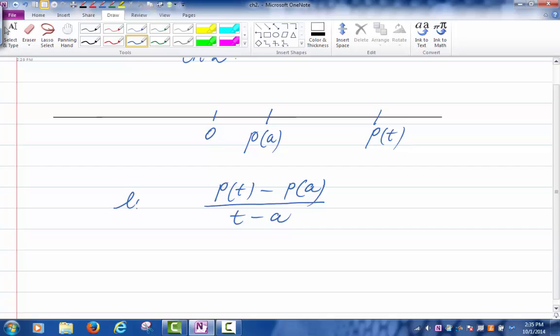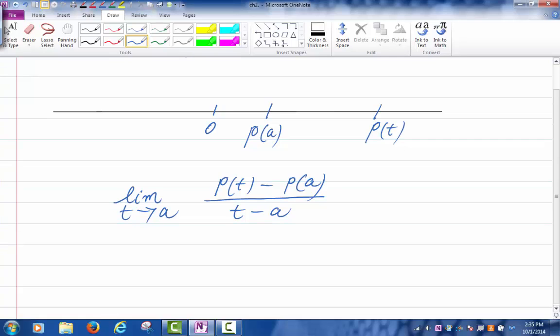But then if I take the limit as t goes to A, it means that I am shrinking the period toward A. And if I look at this limit, whatever that limit is, that's the instantaneous velocity. Am I making sense? So you look at the average velocity from time A to t, and then you allow t to go to A. Look at what's happening to the ratio, and the ratio approaches a number, and that number is the instantaneous velocity at A.